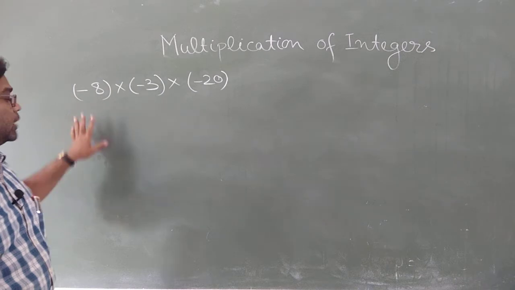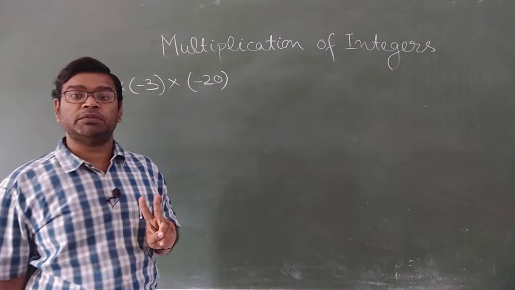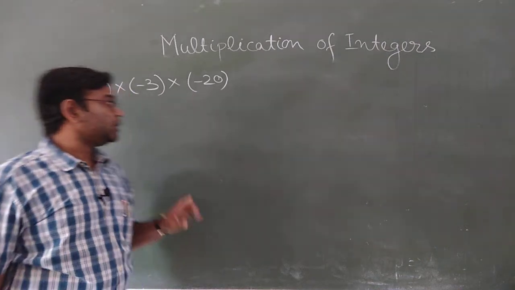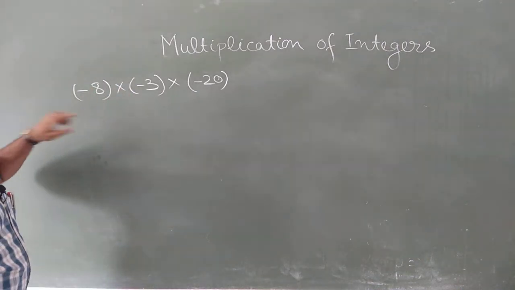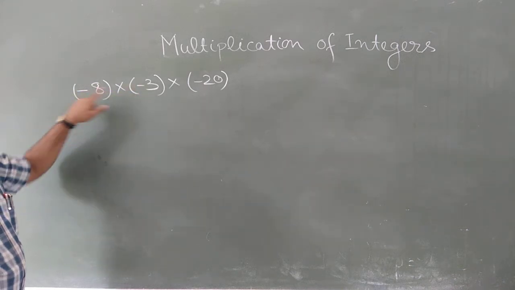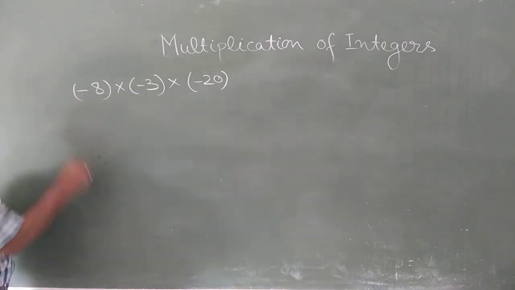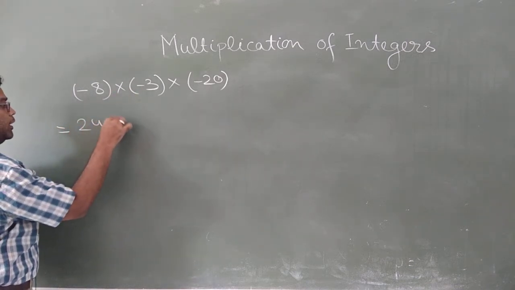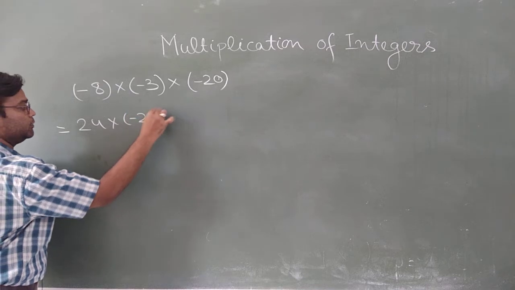See here, as we know that if two numbers of the same sign are multiplied by each other, they give you a positive result. So here we make a pair, first pair, then the rest one. Minus 8 into minus 3. There are two signs, so the answer is always positive. 8 into 3, 24, into minus 20. Clear?